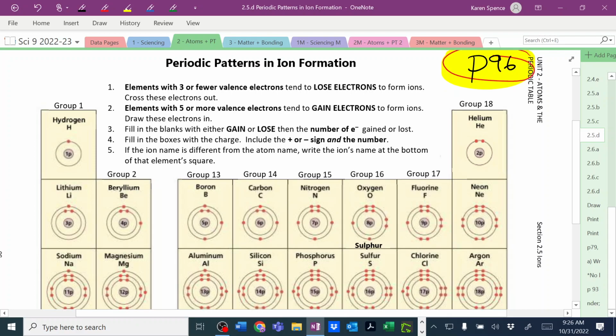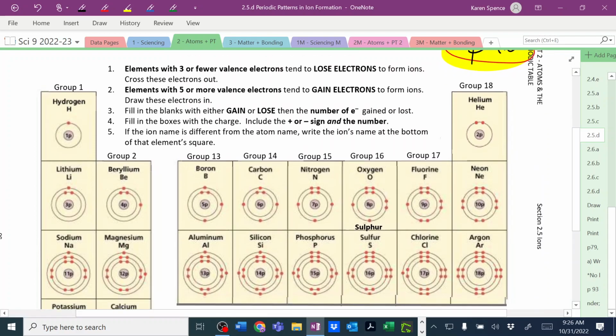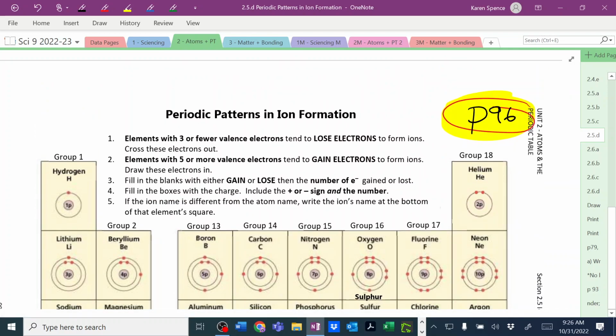So I wanted you to take notice here of the valence electrons. Remind me, what are valence electrons? Tell your partner, what are valence electrons?